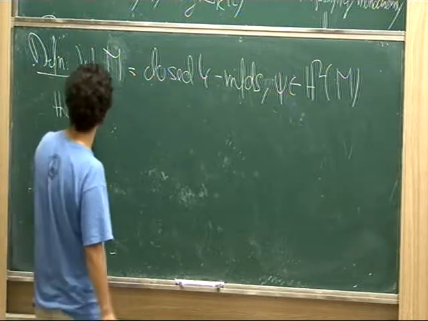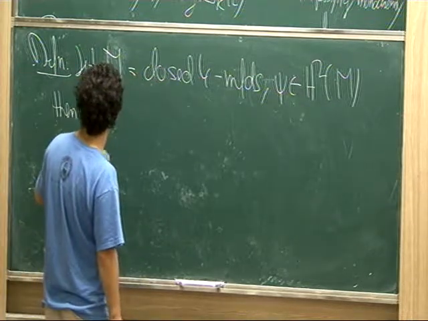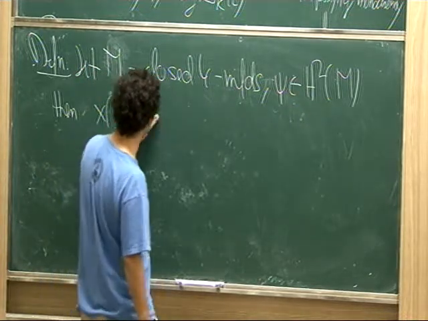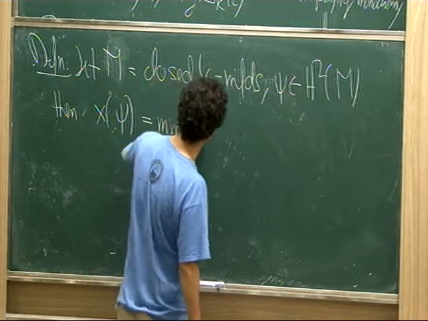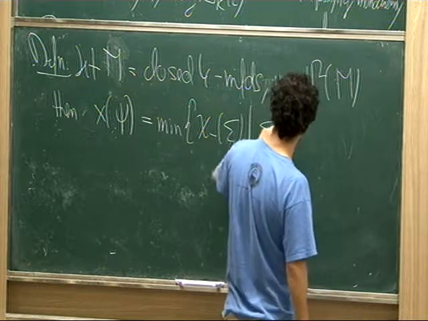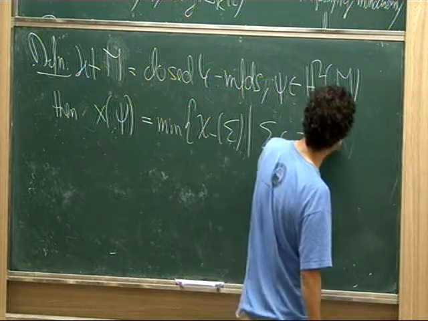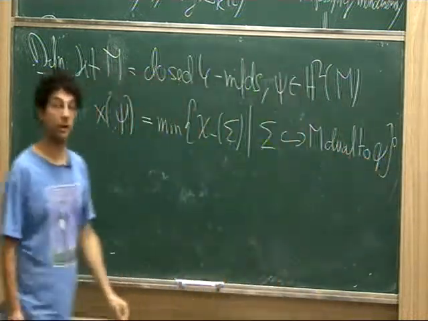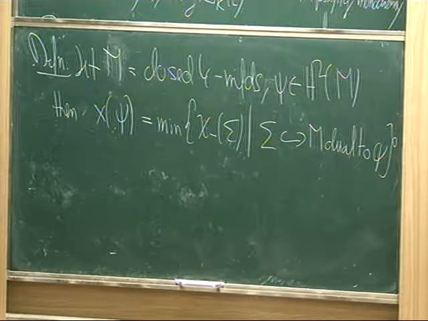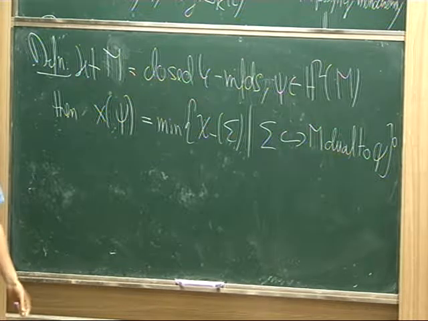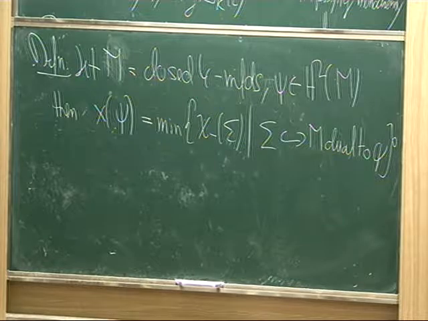So you can define, now I call it X of C. It's exactly the same definition, so you minimize the complexity of surfaces sigma embedded in M dual to C. Okay? You have to think for a few minutes why you can always find a surface, but you can do so, and then you can do exactly the same definition. You just minimize complexity over all surfaces.